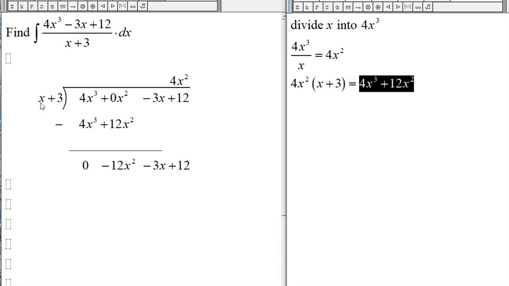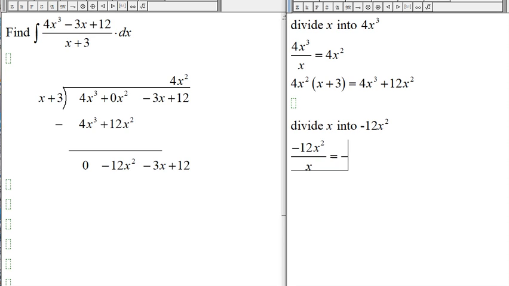Now we divide x into negative 12x squared. Negative 12x squared divided by x will give us negative 12x.